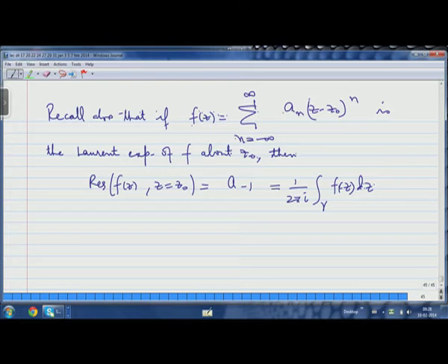The advantage of this formula is that in many cases, if I can write out the Laurent expansion at z naught, then I can explicitly find out what this a minus 1 is, and that a minus 1 multiplied by 2 pi i is going to give you the integral of the function around that point. You've used this in a first course in complex analysis to evaluate real integrals and so on, so it's a very useful thing.